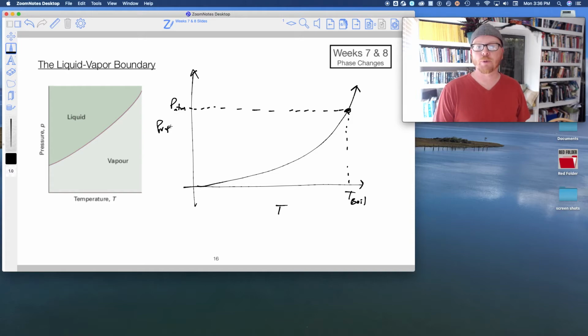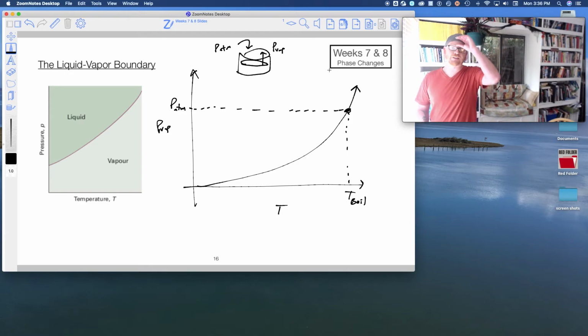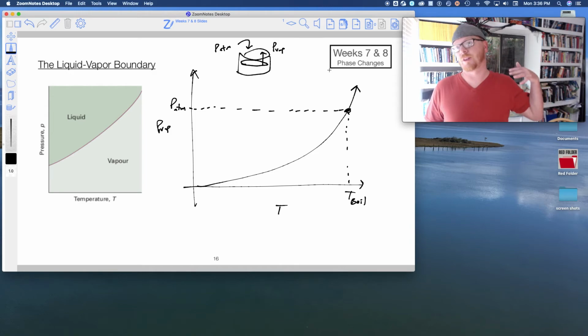However, if the pressure over the liquid, so right here's my, let's say, beaker of water, okay? So let's say I've got P ATM, and we know that that's pushing down on the liquid. Well, the liquid pushes back on the atmosphere, right? And that pushing back on the atmosphere is the vapor pressure, right? And so when those two are equal to each other, the liquid is boiling.